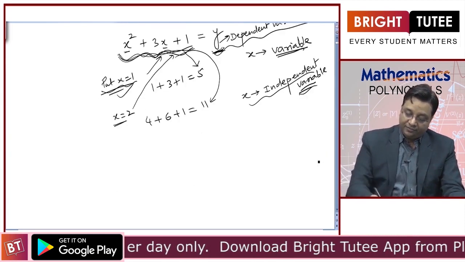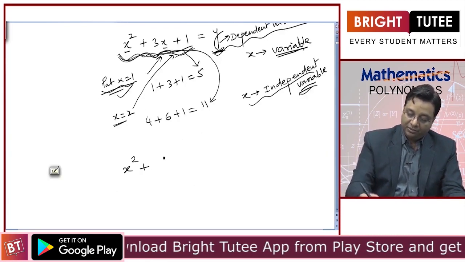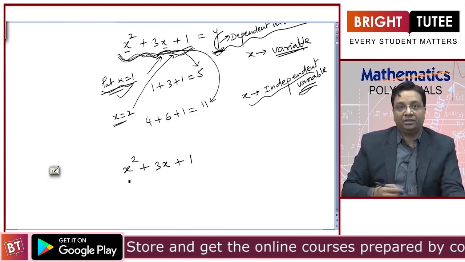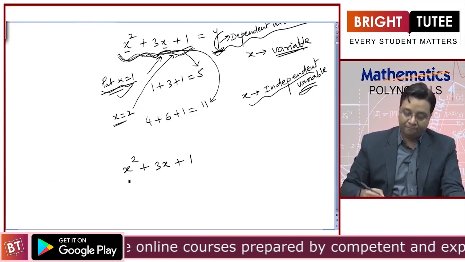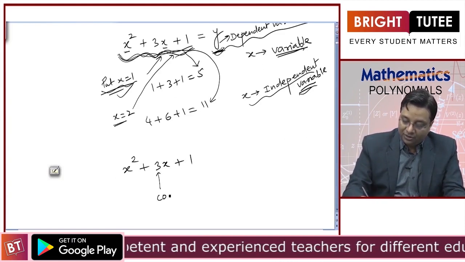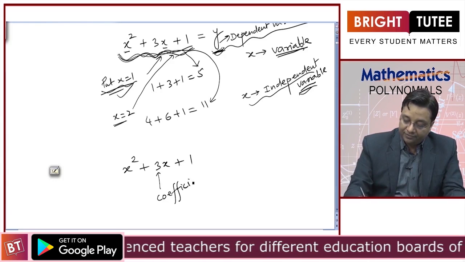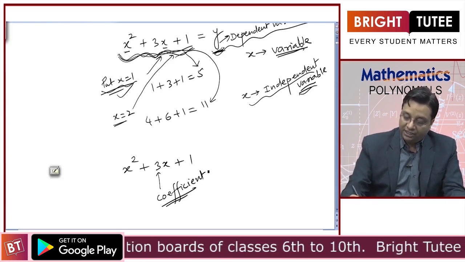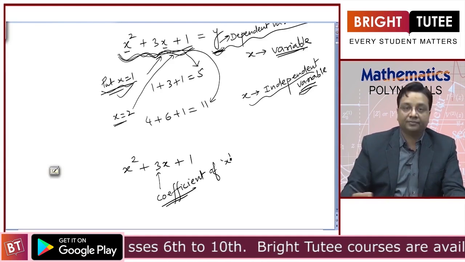Look at another thing, x square plus 3x plus 1, let me take this same expression here, okay. Apart from the variables, which terms do you see here? We see that there is this 3, okay. This is known as coefficient. Now coefficient of what? Coefficient of x, okay.